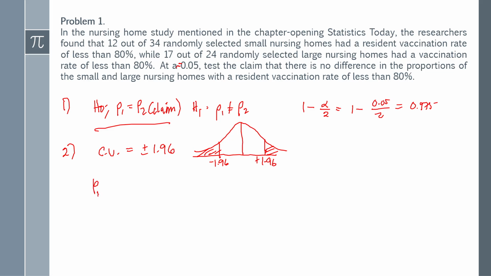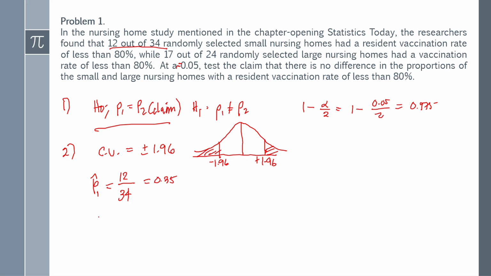First, sample proportion 1. P hat 1 is equal to X over N. What is our X sub 1 here? Based on the statement, it is 12 out of 34. So P hat 1 is 12 over 34, which is equal to 0.35.